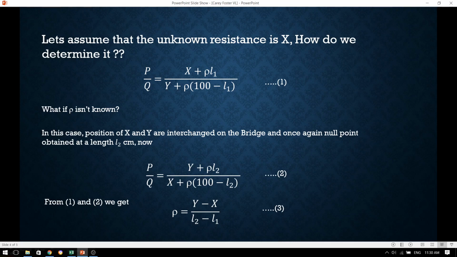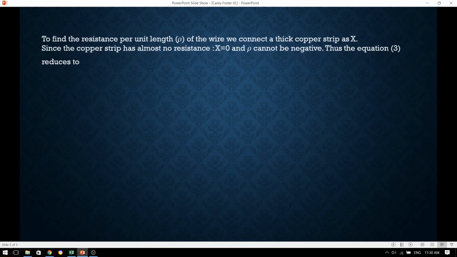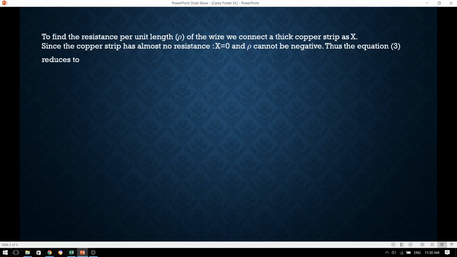However, the problem still persists. Rho is unknown, X is also unknown. Then how can we determine two unknown values from only one equation? Now we have to do some trick. What is that? To find this resistance per unit length rho of the wire, we initially do not attach the unknown resistance X in the bridge.